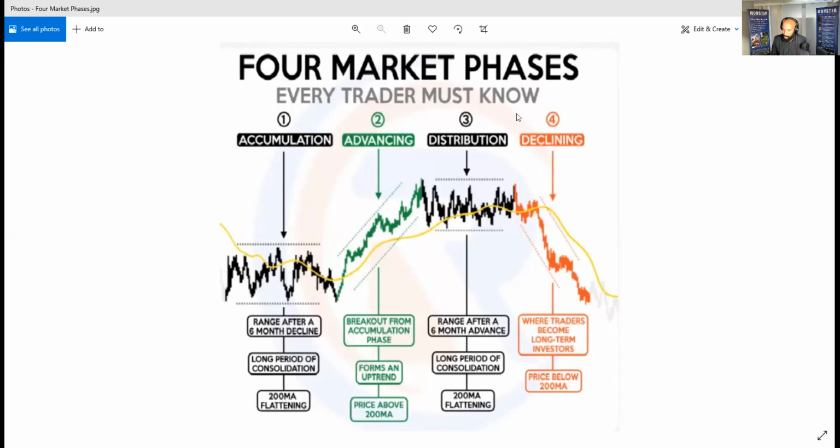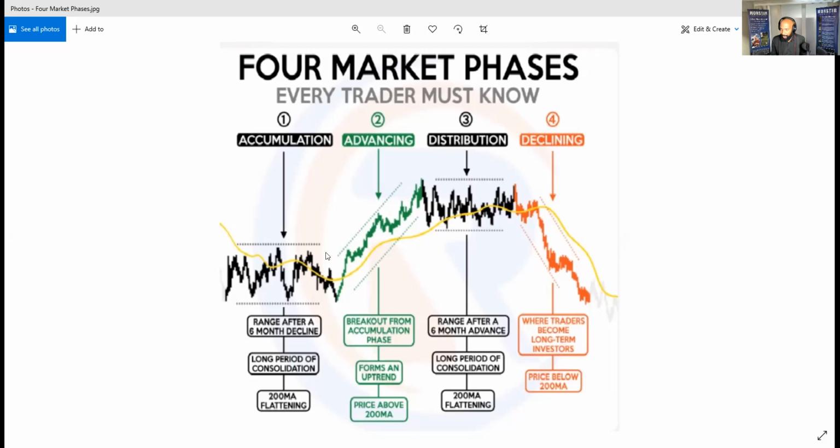All right. So we have accumulation, on the left. So accumulation, then price breaks resistance and gets us into the advancing or markup phase. Then distribution, that's usually at the top of the cycle. And then the declining or markdown phase, and then it starts all over again.